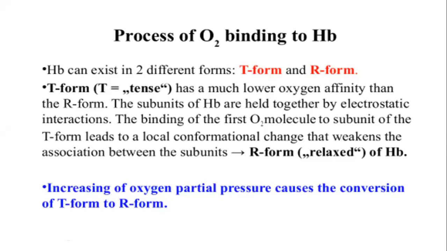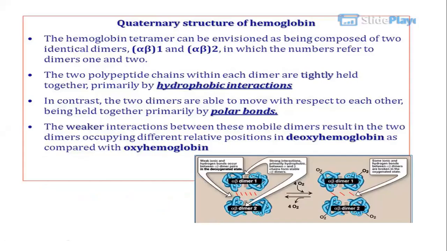So a deoxyhemoglobin is actually a tense form of hemoglobin, while a relaxed form is one where you have oxygen within it. So this hemoglobin here is in the T form, while this is in the R form.